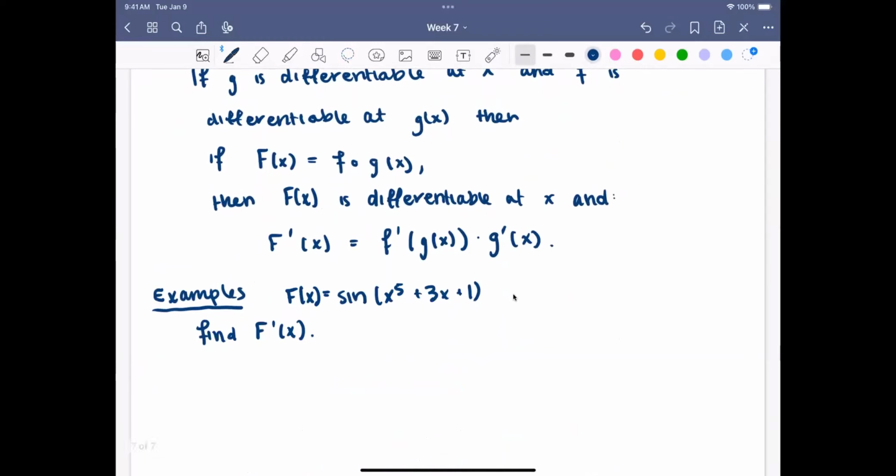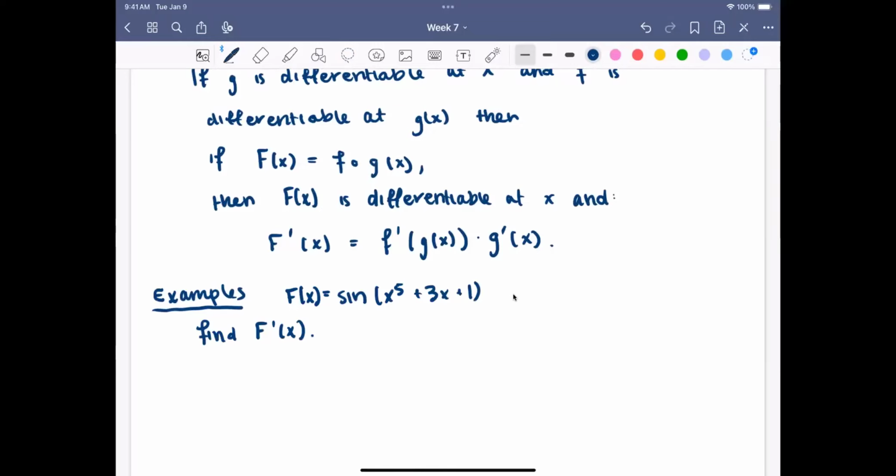Okay, so we have to break this up into an outside function and an inside function, and in this case, it's pretty clear how to do that.